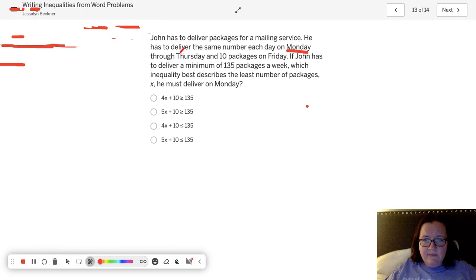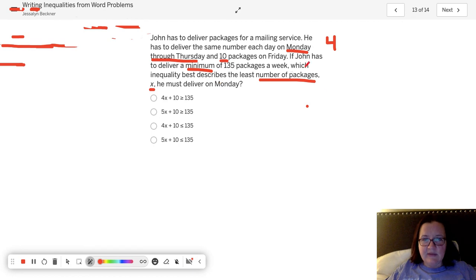I'm just going to make a little note that that's 4 days. And 10 packages on Friday, so that's like that flat fee. No matter what, he has to deliver 10 packages on Friday. He has to deliver a minimum of 135 packages a week. Which inequality best describes the least number of packages? X, number of packages, is our variable. He must deliver on Monday.